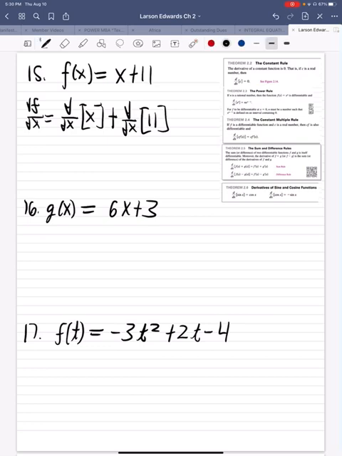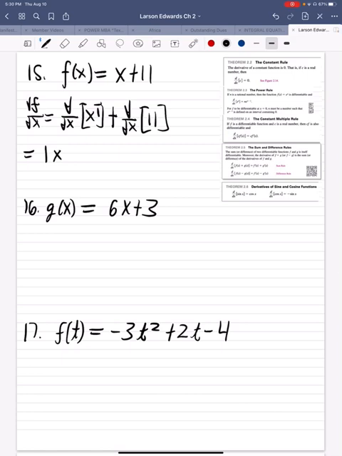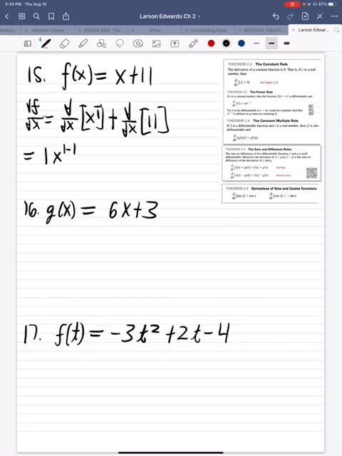How does that actually look, by the way? The power rule for just x means x to the first power. So as you always have done, move the power in front of x. We get 1x to the 1 minus 1, which is 0, plus d dx of 11, which uses the constant rule, which is 0.